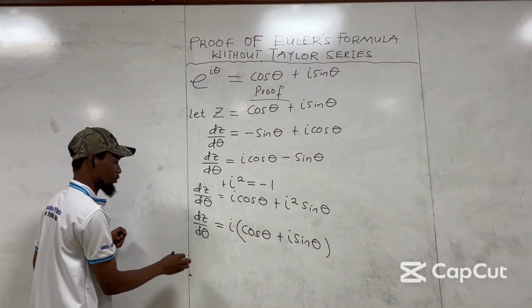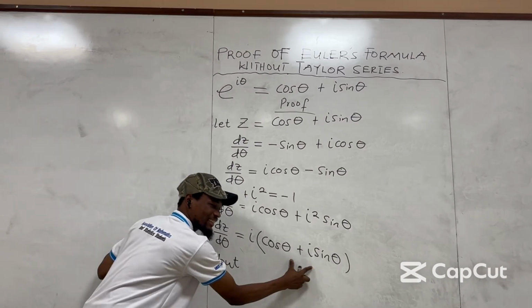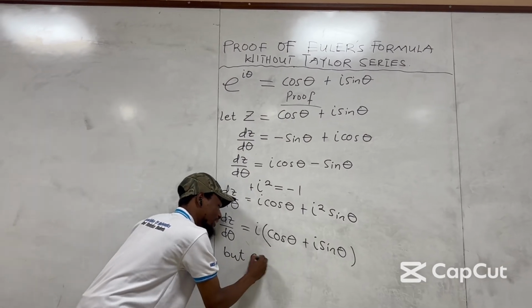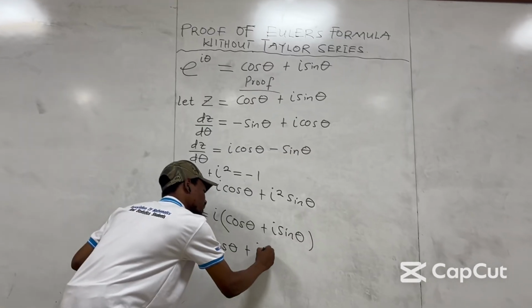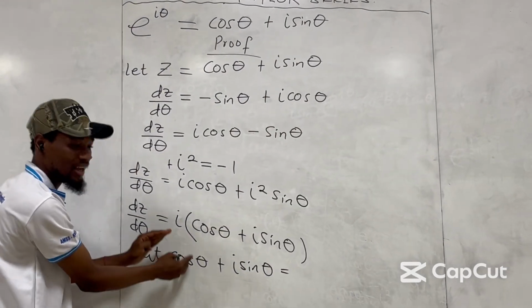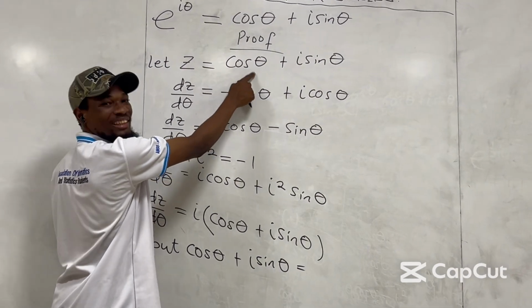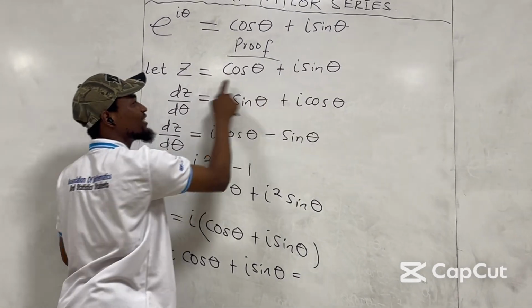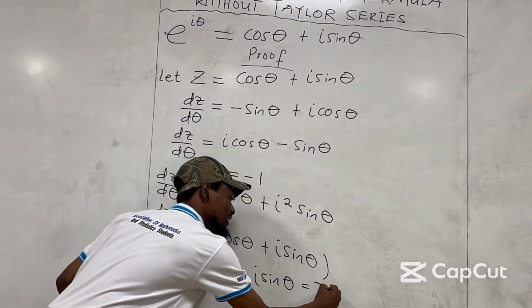Now we know that this expression, cos θ plus i sin θ, is equal to the complex number z.